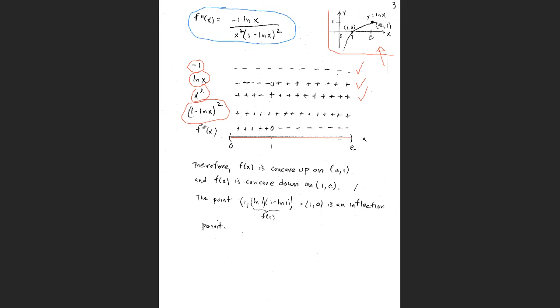X squared is always positive, and 1 minus the log of x quantity squared is always going to be positive. And from there, you're able to figure out where the second derivative is positive and where it's negative.